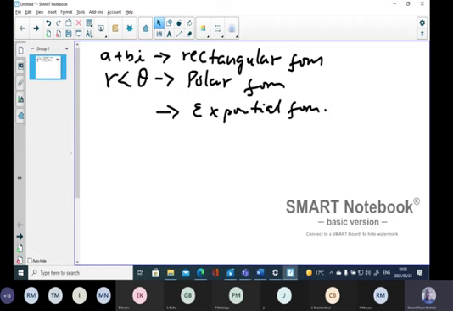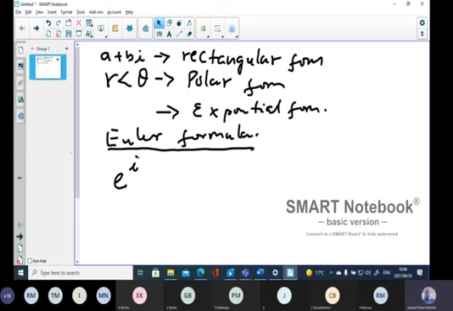Now we discussed Euler's formula. The exponential form is based on Euler's formula. So we said e to the power i theta is equivalent to cos theta plus i sine theta.